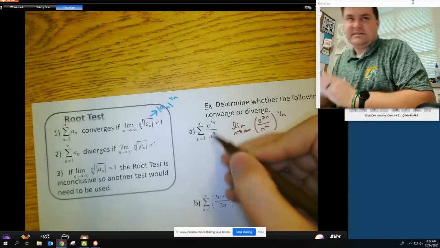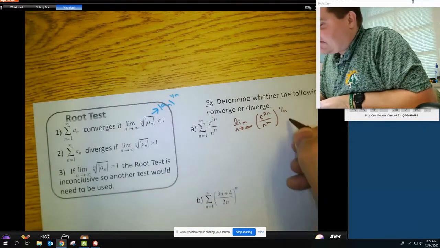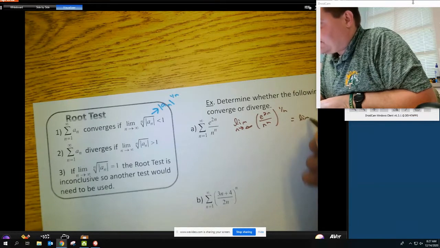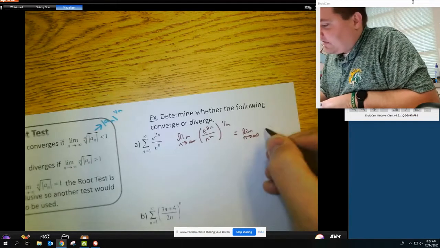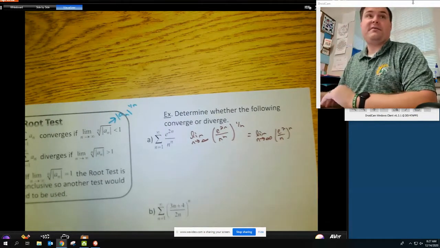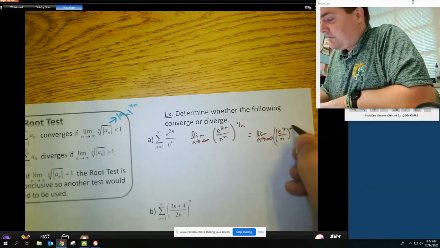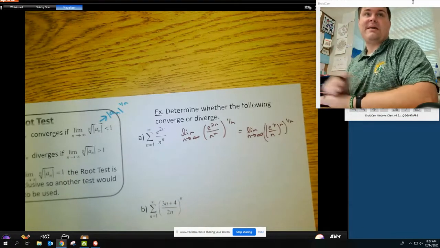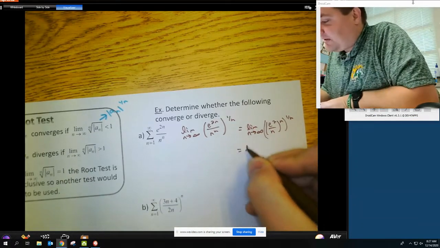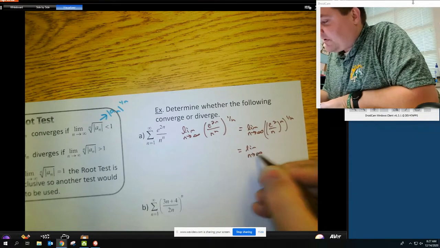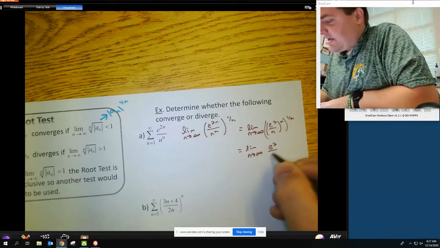This is always going to be positive, so I'm not worried about the absolute values. This is the same thing as the limit of (e^2 over n)^n, do you agree? Because they both have a power of n. And this is all to the 1 over n. So what's going to end up happening here is the n's are going to cancel out, so you're going to be left with the limit as n approaches infinity of just e^2 over n.